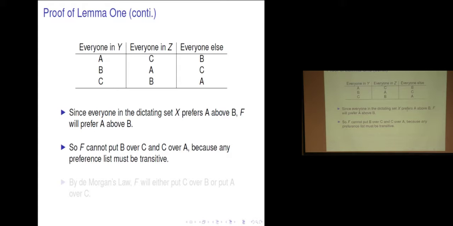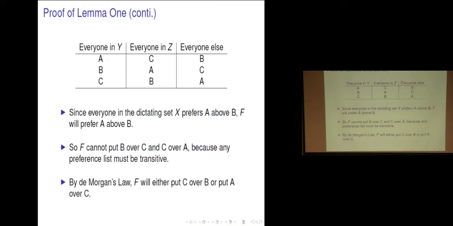In other words, F cannot put B over C and C over A at the same time, because F already put A above B. Now we learned De Morgan's law: the negation of an AND is an OR. So if F cannot put this and that at the same time, either he fails this or he fails that. So either you put C over B, or put A over C. Here we use the decisiveness, so there's no tie.